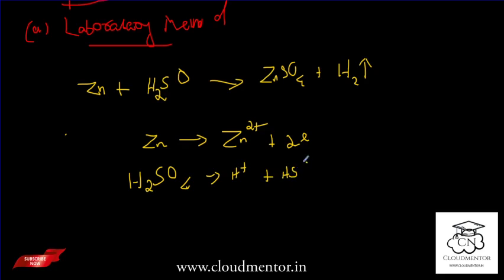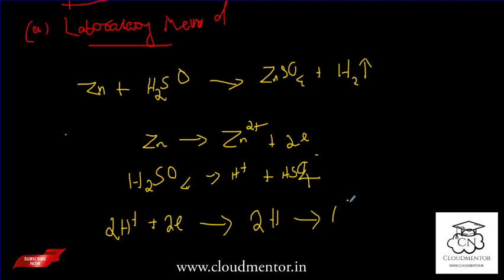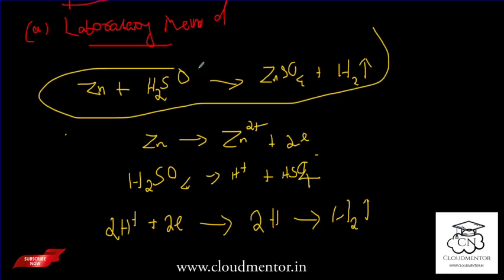Then 2H+ reacts with electrons giving hydrogen gas. So here reduction takes place, and by that reduction we get hydrogen gas. This is the reaction, or the changes that actually take place.